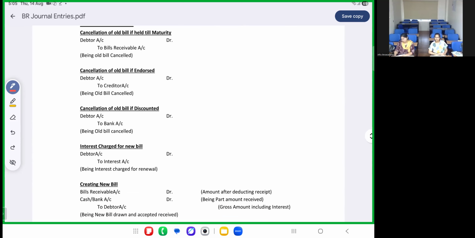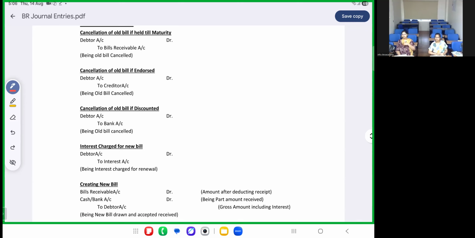Now, I'm giving fresh time, renewing the bill for extension. If I'm giving three more months, I'll charge some interest. That interest will be my income.